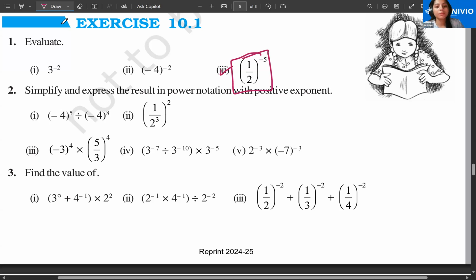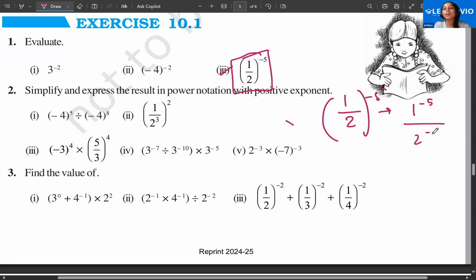Can you repeat? It's 1 by 2 to the power of negative 5. So both of them have the power of negative 5, or only one has? Both. So 1 by negative 5 upon 2 by negative 5. Okay, got it.